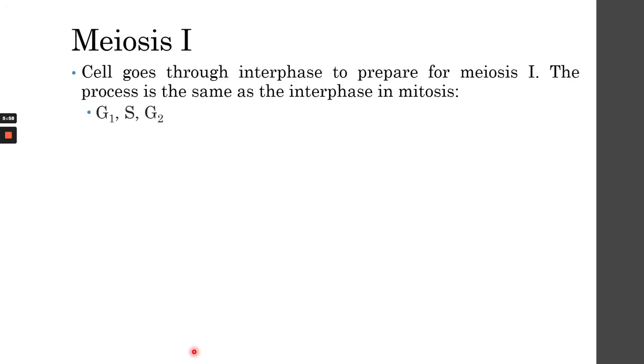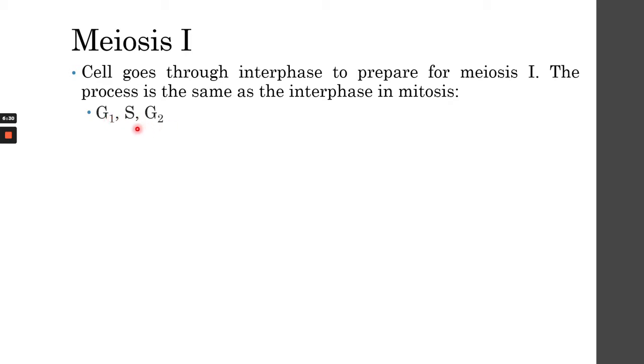Before the cell enters meiosis 1, the cell has to go through interphase. The interphase in sex cells is basically the same as in mitosis. In G1, the cell doubles its size, increasing physically, because everything is being duplicated inside in preparation for separation.